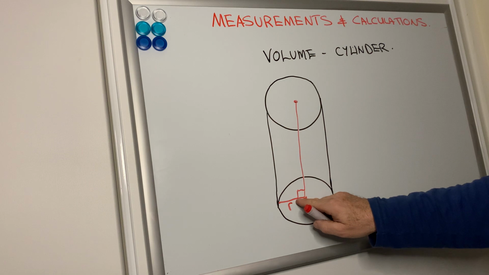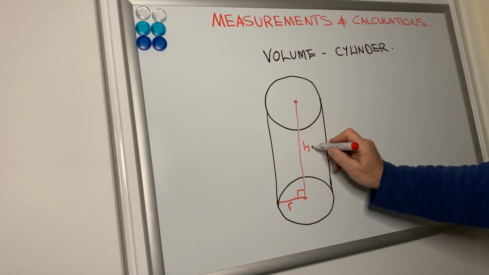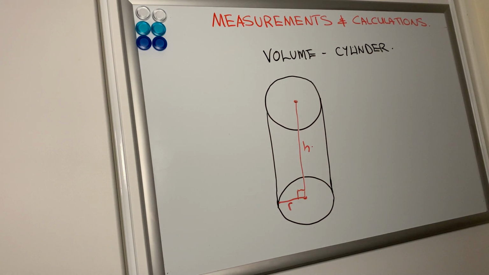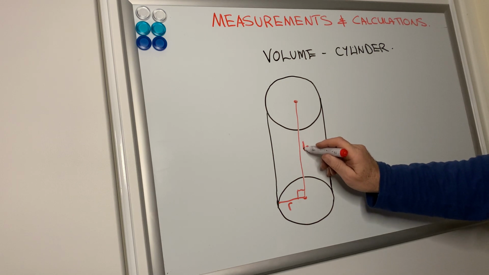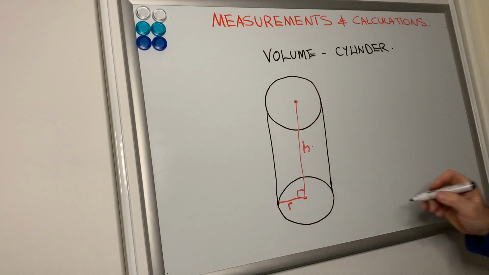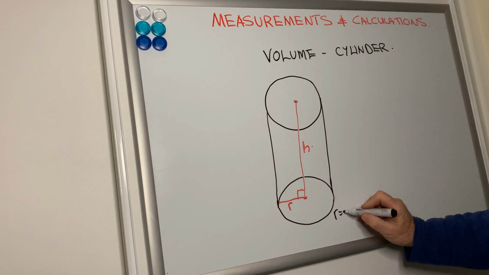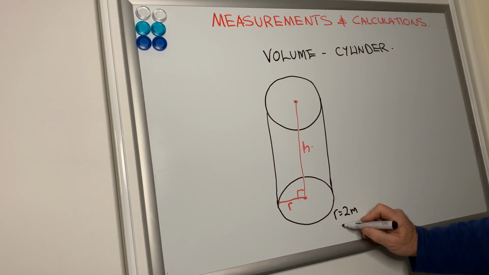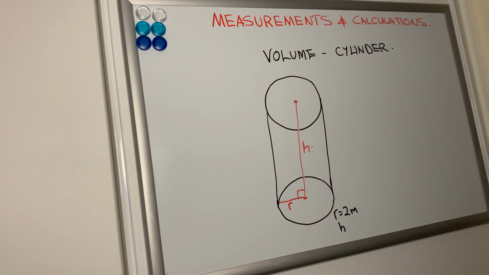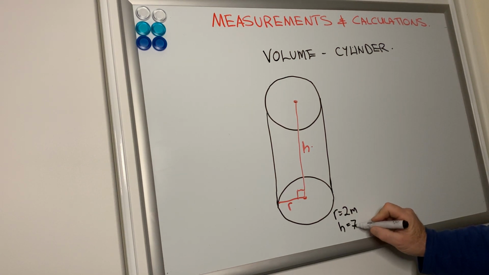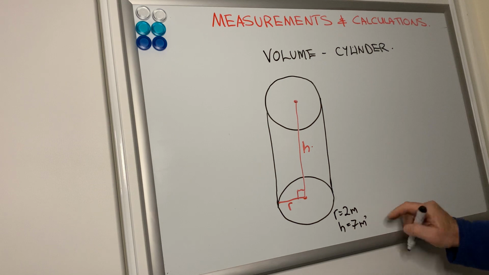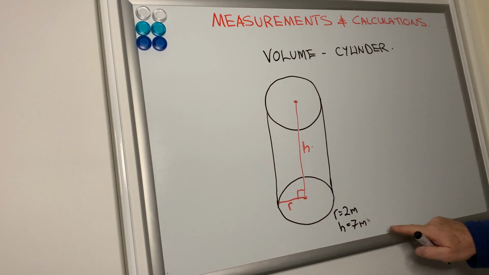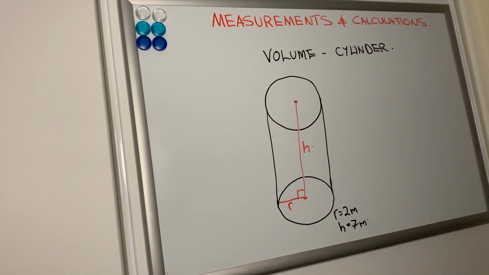All right, guys? Now, when we look at this formula, let's say r is equal to 2 meters, and height we can say is equal to 7 meters.